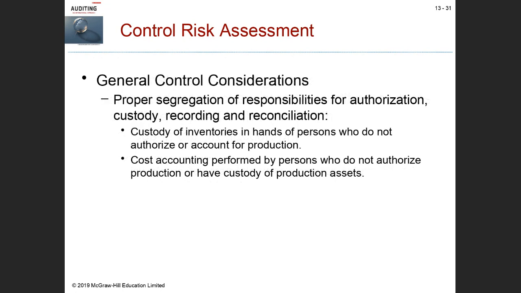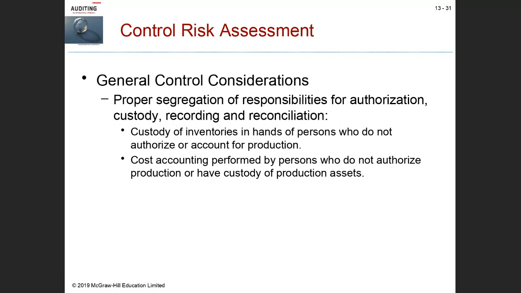Okay. As we've seen in the other accounting cycles, when we talk about control risk assessment, we can look at the general controls in the cycle, and then we can look at the application controls.